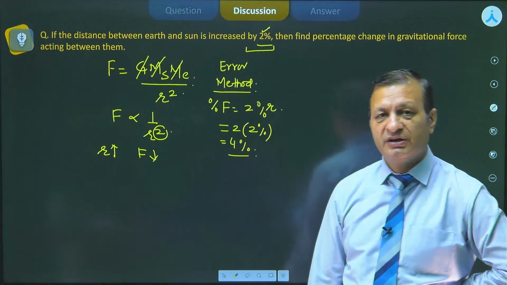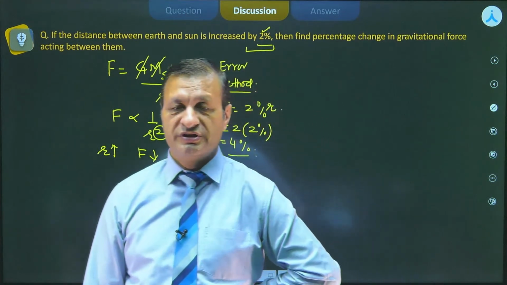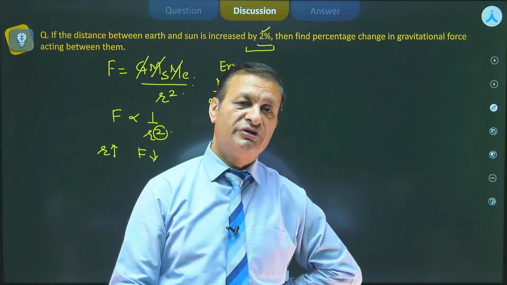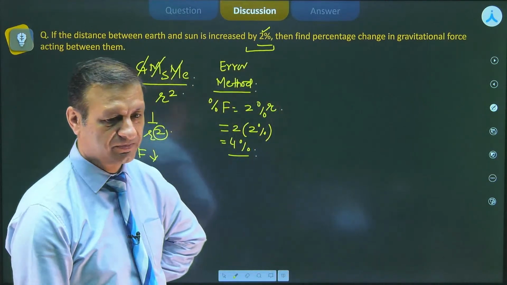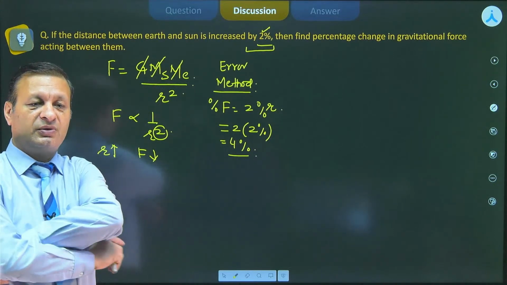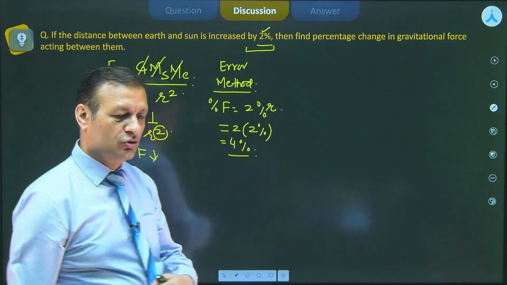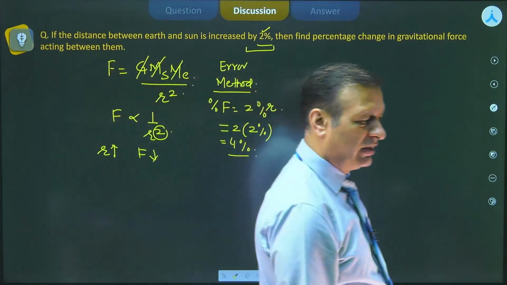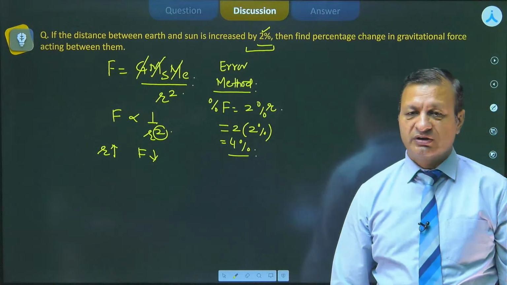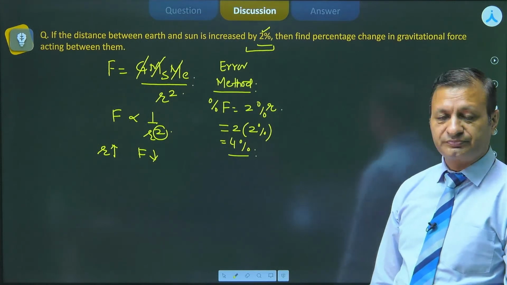So the change would be a decrease of 4% when you change the separation by 2%. Aditya, Ravinder, they all are answering well. Great, keep your momentum high, you are doing great and understanding the concepts well.